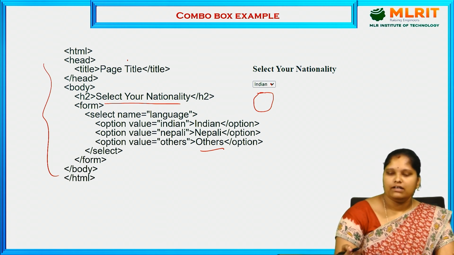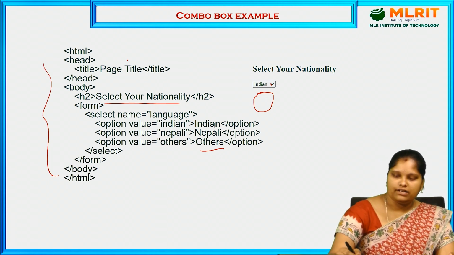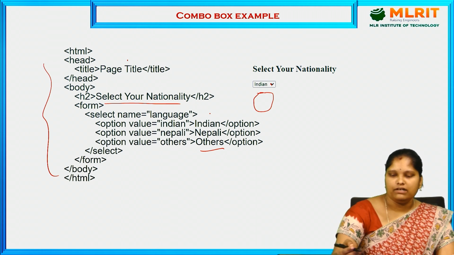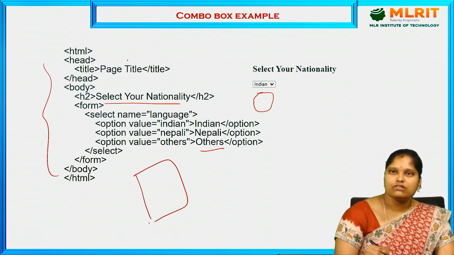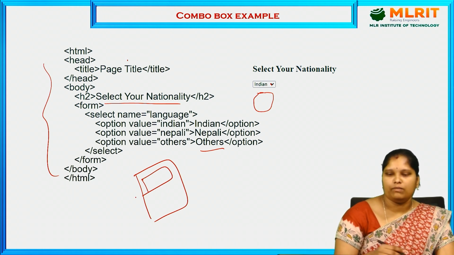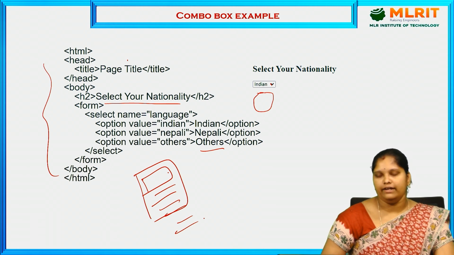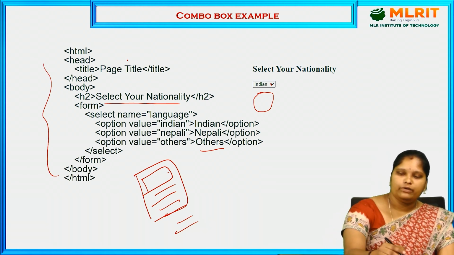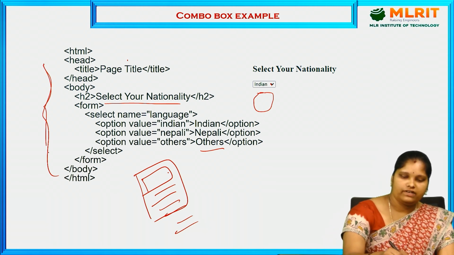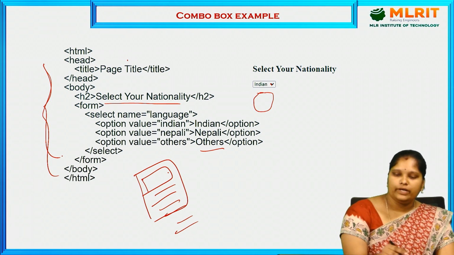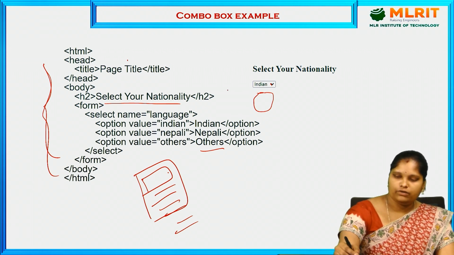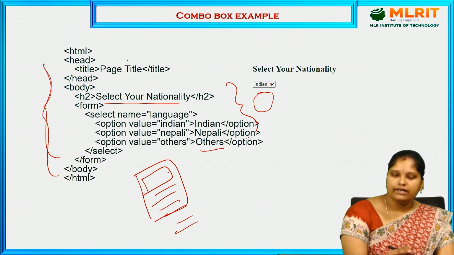Also select your college. By clicking on this, a list of colleges drops down. For that, we need to use this combo box, following this syntax.